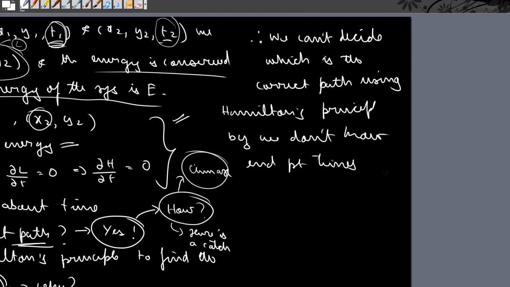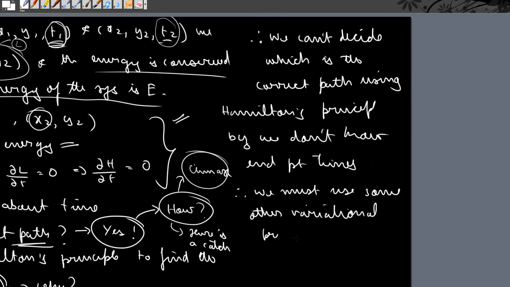This is the reason we cannot use Hamilton's principle. So therefore we must use some other variational principle. We cannot use Hamilton's principle, but instead we should introduce some other variational principle in this case.